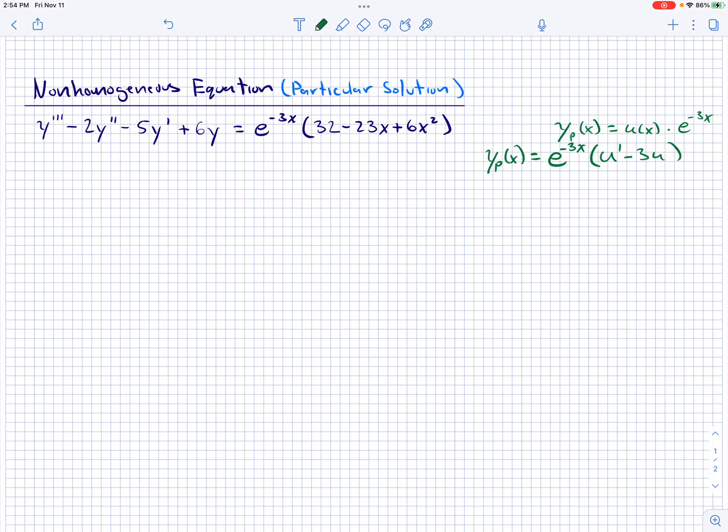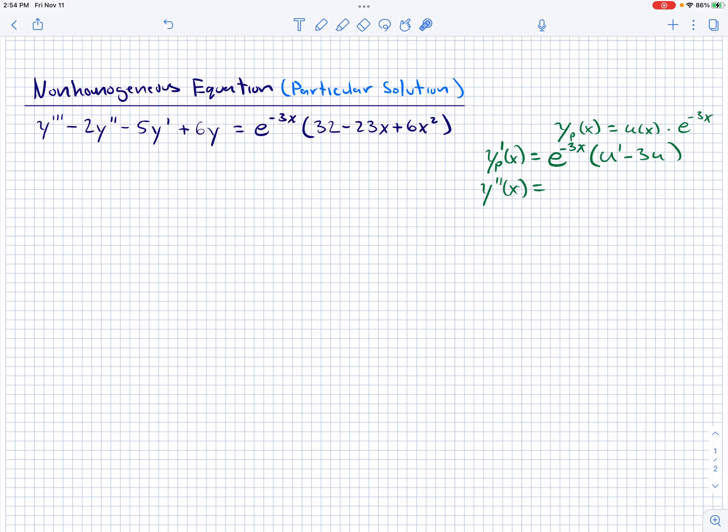For the sake of time, I'm also going to simplify the other derivative, but for this derivative you will also need to use the product rule. We take the derivative of u prime minus 3u, and then add it to the derivative of e to the negative 3x while leaving the parentheses stuff alone.